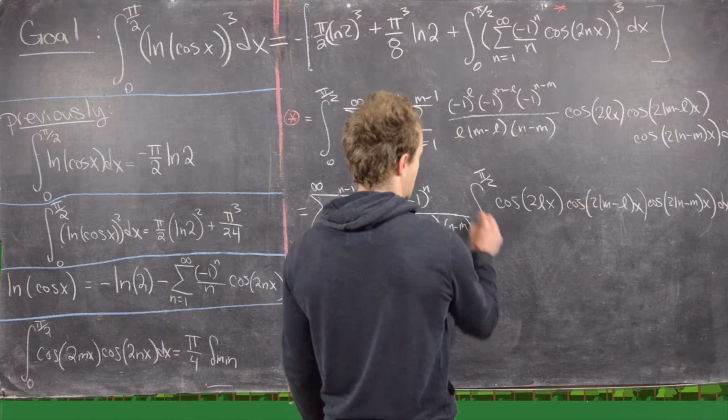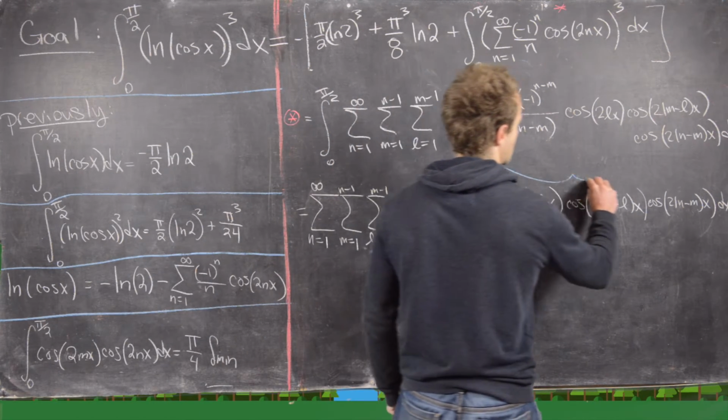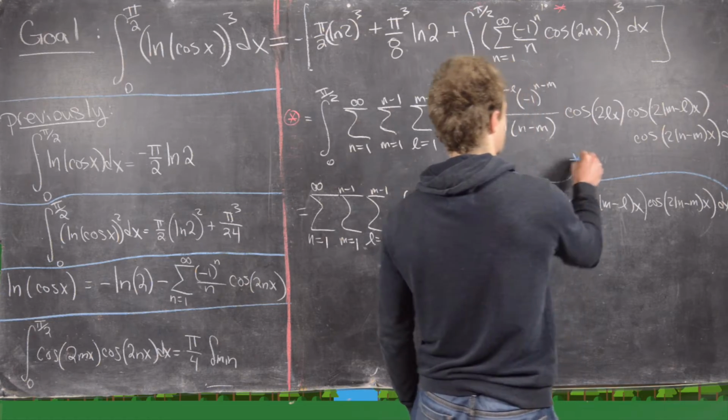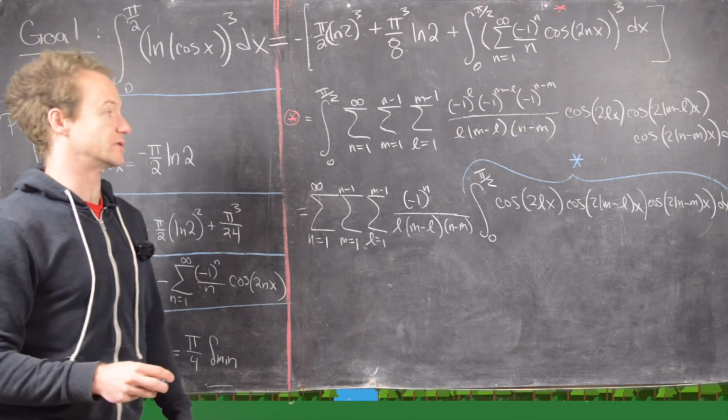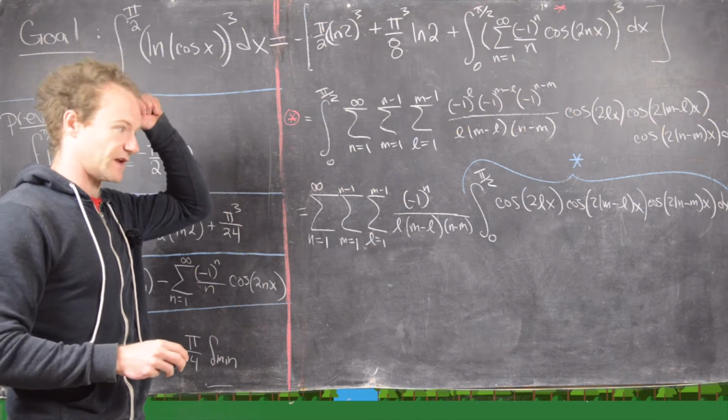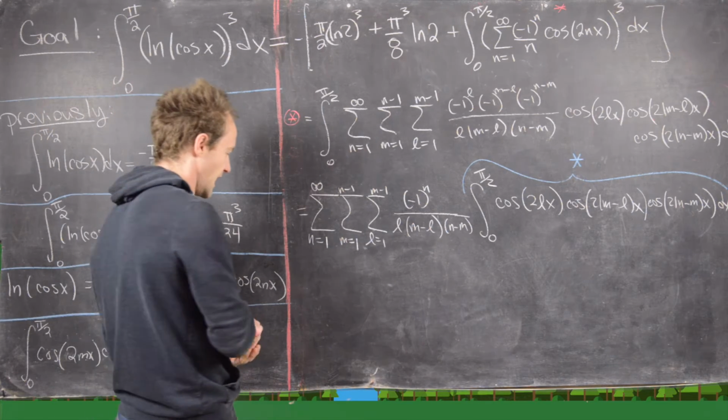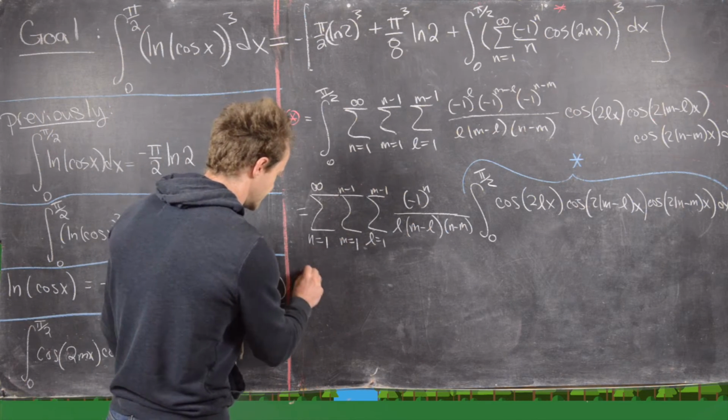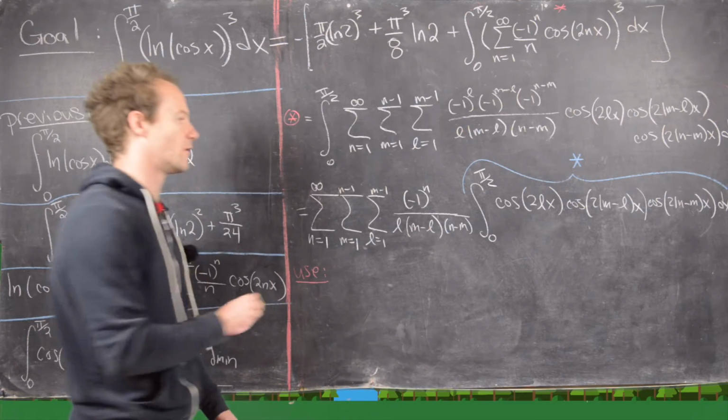So the next thing that we're going to use is this. First of all, I'm going to go ahead and call this integral, which is inside the sum, blue star, so that I can do some simplification. And then furthermore, we're going to use this sum angle formula.